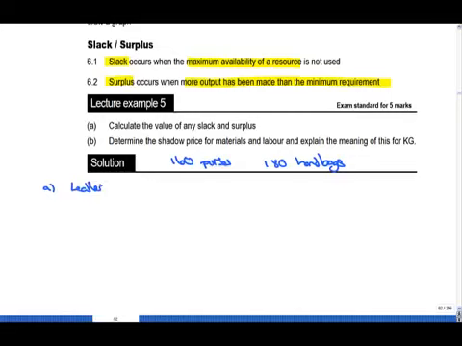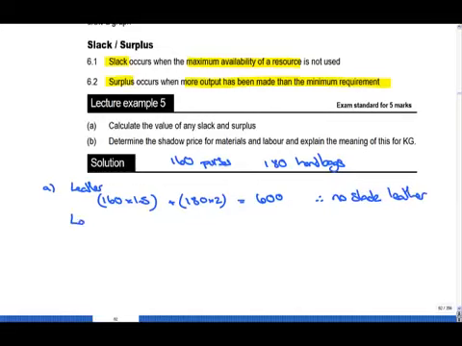We needed 1.5 meters for a purse. We needed 2 meters for a handbag. Now what that takes us to is 600. We had 600 meters of leather available, so therefore there is no slack leather.